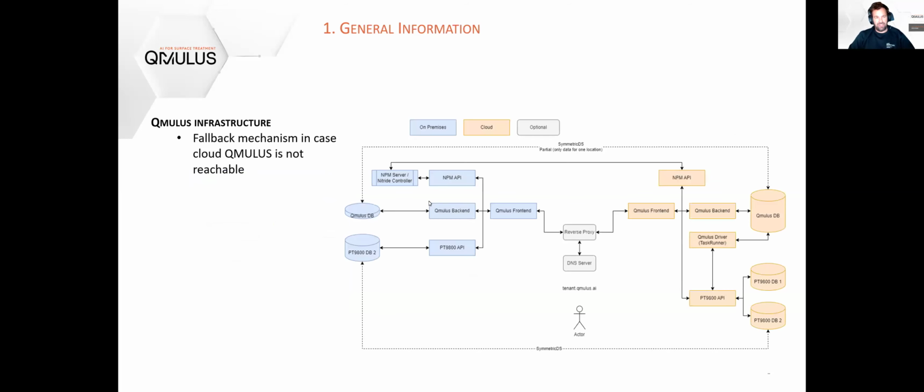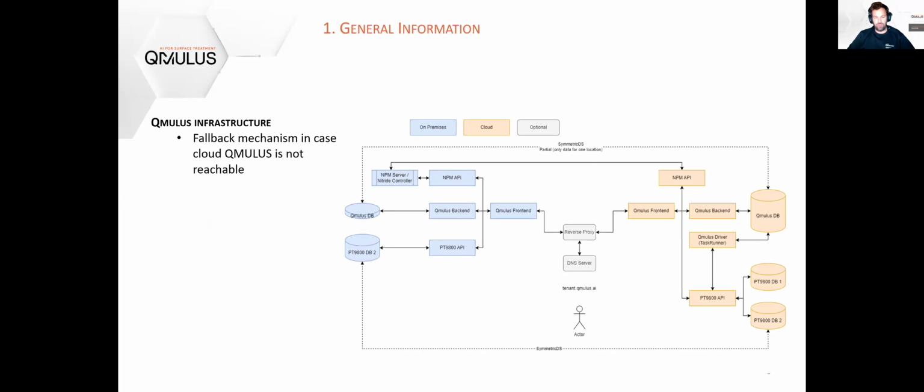In the unlikely case that QMULUS is not reachable if it's hosted in the cloud, there is a QMULUS fallback structure. I'm covering that here because this question is always asked: what happens if there's no internet available? In this case, you have a reduced QMULUS on site, which you can reach via intranet. You just type in your URL as usual, and the reverse proxy will decide that the online version of QMULUS is not available.